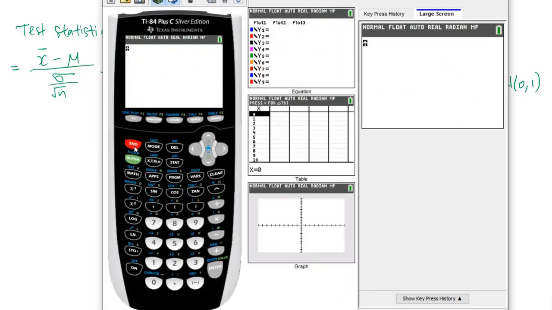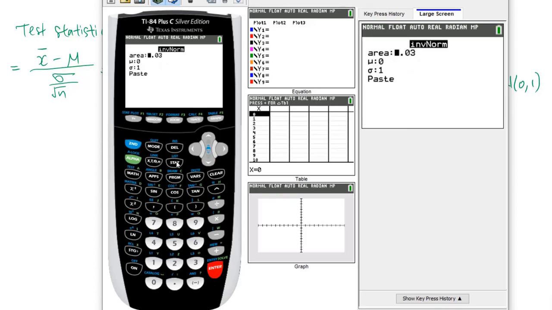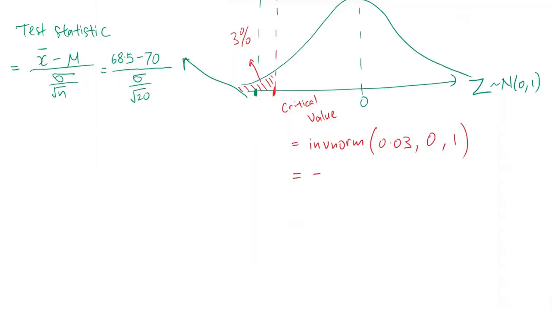You go to second, distribution, inverse norm. You can see I have everything typed up: the area is 0.03, the mean is 0, standard deviation is 1. I go down, paste, enter. It says negative 1.88.